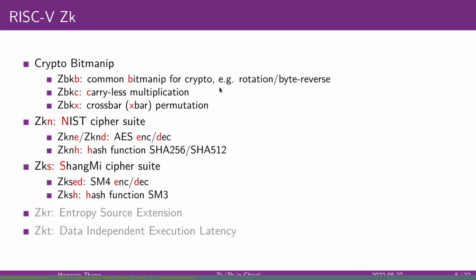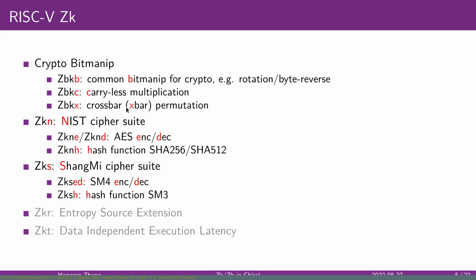It also covers carryless multiplication. This is used for AES Scalar counter mode, and it is very costly, so it is a standalone extension. ZBKX is crossbar permutation, and we won't go into detail today.